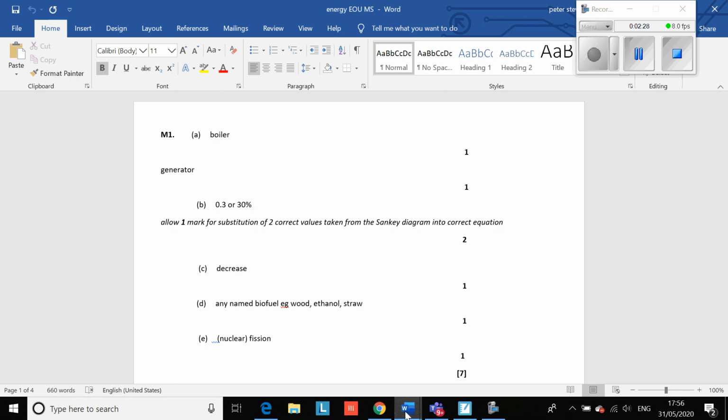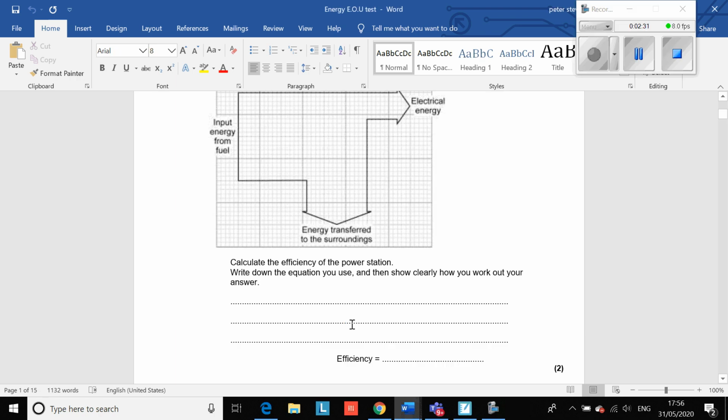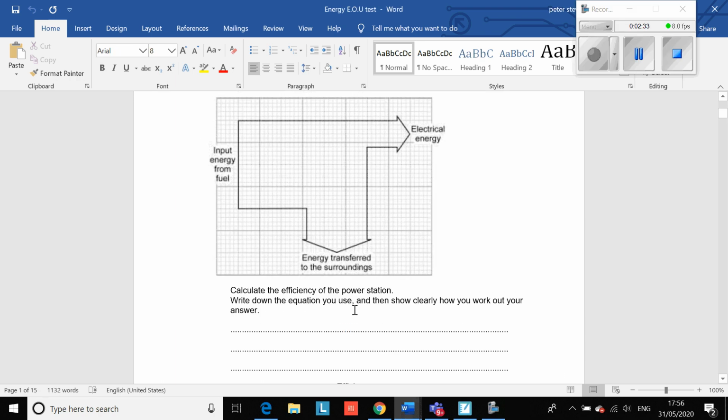Now how would you come to an answer like that? Basically, you do the useful energy divided by the total energy. So you actually needed to physically count these. The total energy going in was, well, each of these has 1, 2, 3, 4, 5 squares, so you could do 5, 10, 15, and then 20.